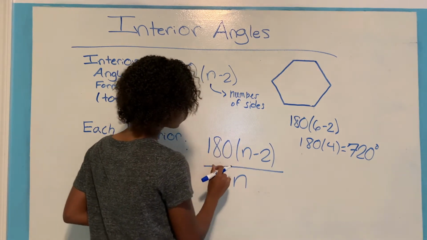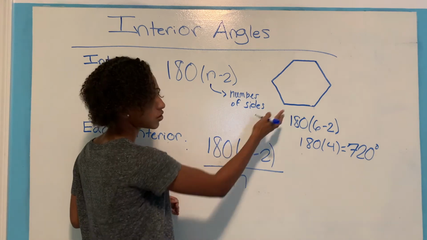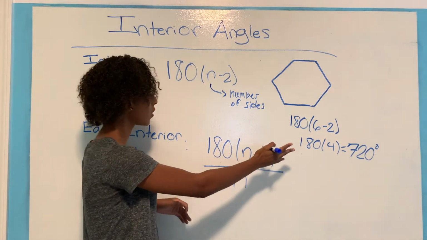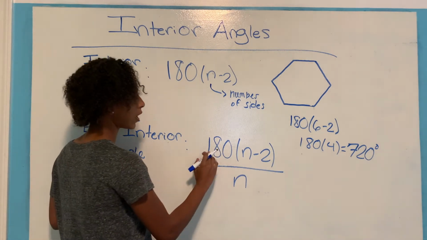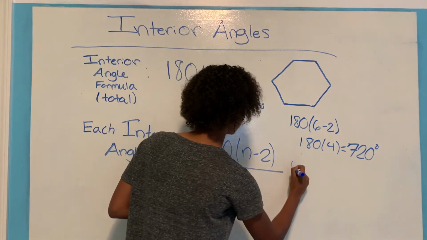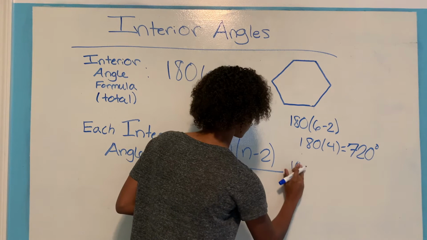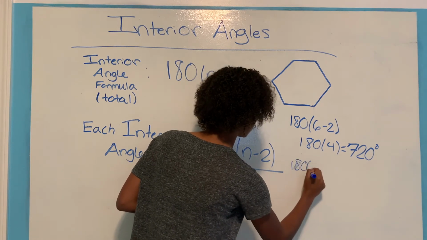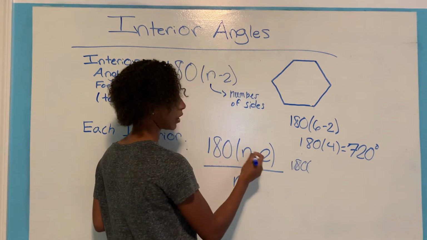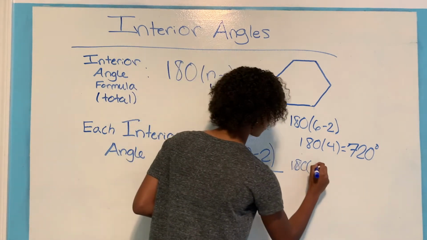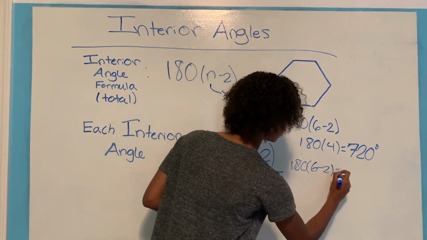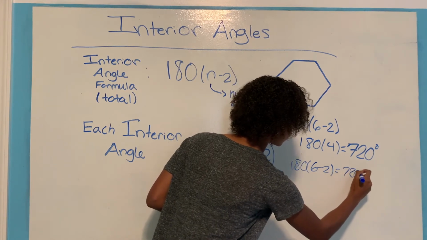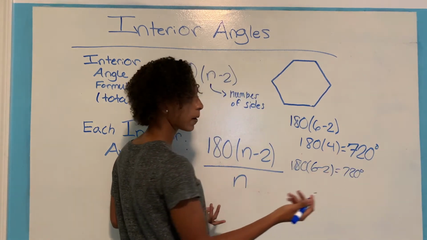So what we're going to do is use the same hexagon as the example here. If you were to plug this in, we already know that 180 times, really 6 minus 2 in this case if you were to plug the 6 in, that whole thing equals 720, as we just found above, right?